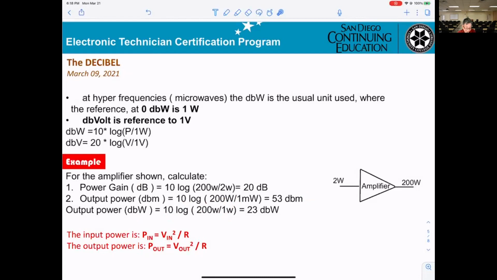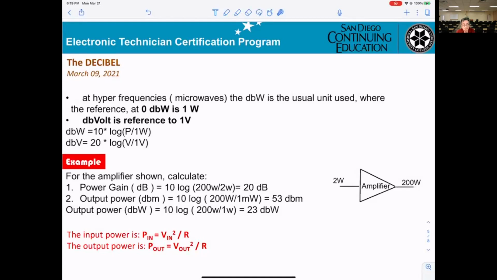Also, they gave you the formula. If you want to calculate the power, you get 3 formulas. One formula will be power equals R times I squared, or P equals V squared over R. Either input or output, the formula will be the same.